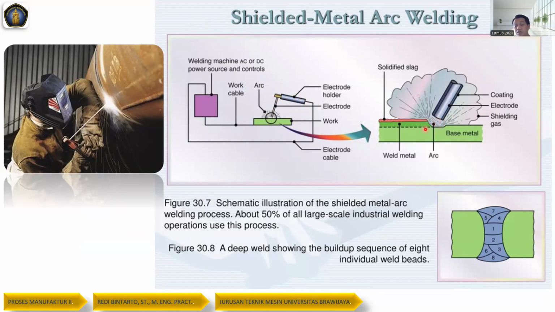If the base metal is thin enough, it can be welded layer by layer, not only one time, but more than one time, maybe two, three, four, or more than four. It depends on the thickness of the material.